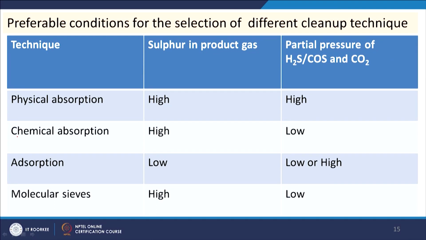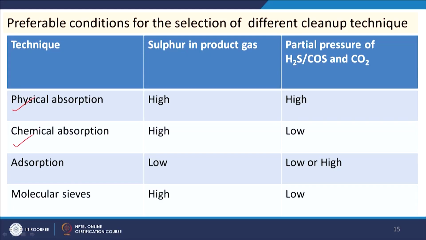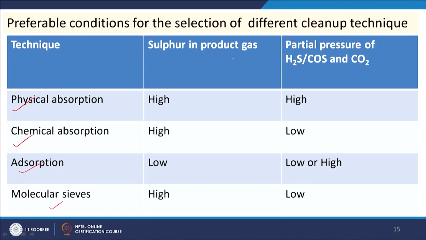Now, we will see the different methods for the removal of acid gas components from the syngas: physical absorption, chemical absorption, adsorption and molecular sieves. Molecular sieves are also used for shape selective or size selective separation of molecules from the syngas. So, if sulfur in the product gas is high and the partial pressure of H2S or COS and CO2 is also high, then we should go for physical absorption.